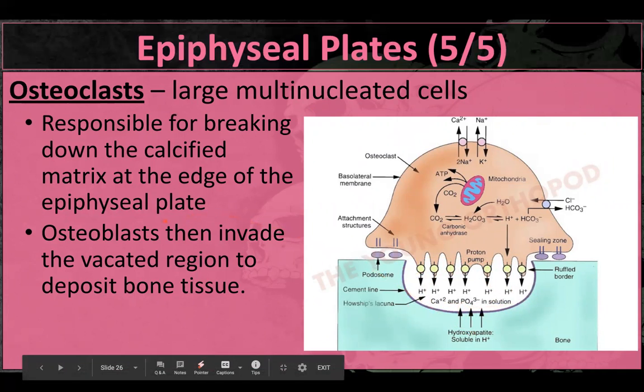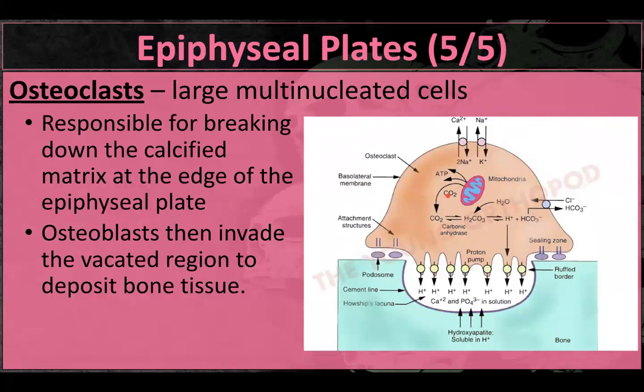So at the edge of the epiphyseal plate, that's where this is happening. So it's breaking down the cartilage, but osteoclasts are not just responsible for breaking down the cartilage with the calcified bone matrix. These will actually do this anytime they're called upon on normal bone tissue as well.